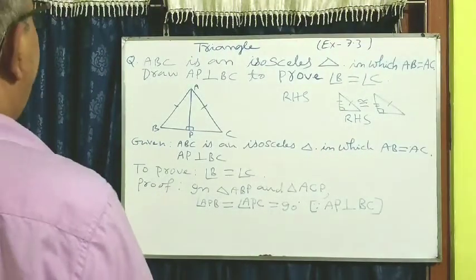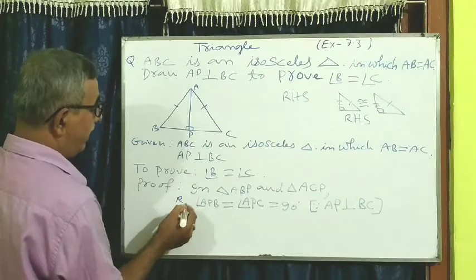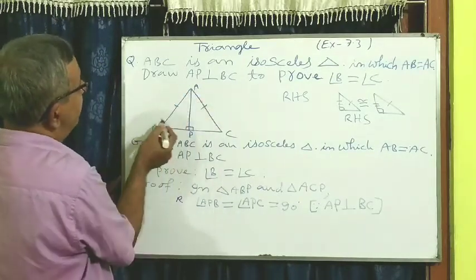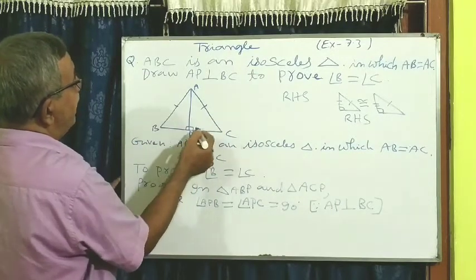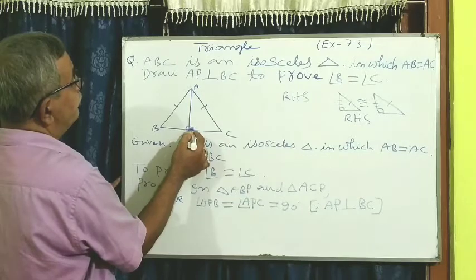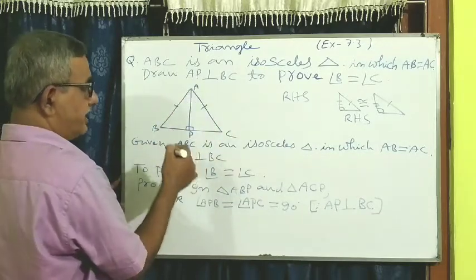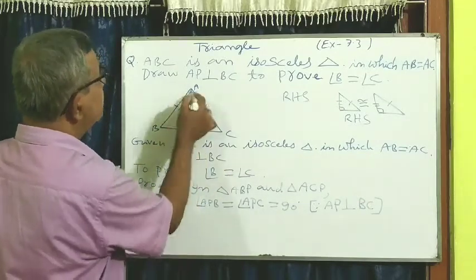That is what? RHS. So R came here. Now one more thing. AB is hypotenuse, because it is opposite to 90 degree. Here also AC is hypotenuse because it is opposite to 90 degree, or the longest side of the triangle. In a right angle triangle, the side which is longest is called hypotenuse. So AB is equal to AC.